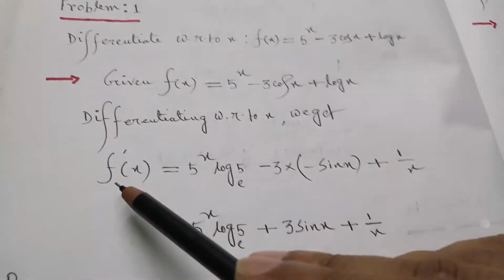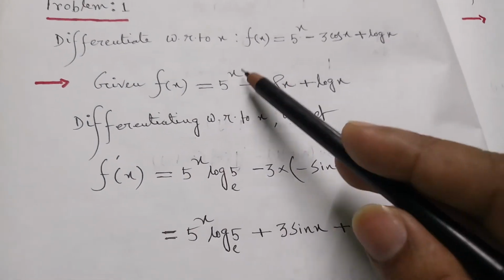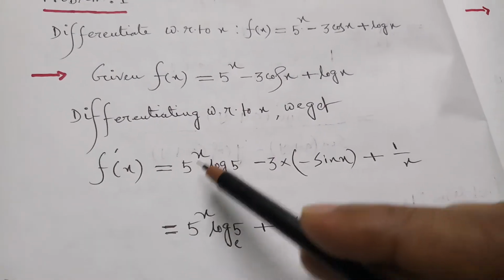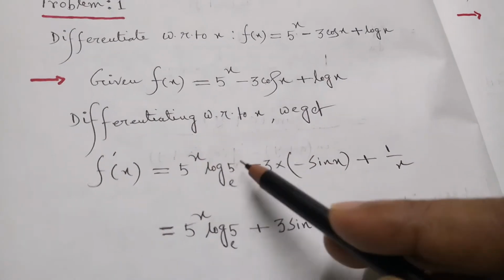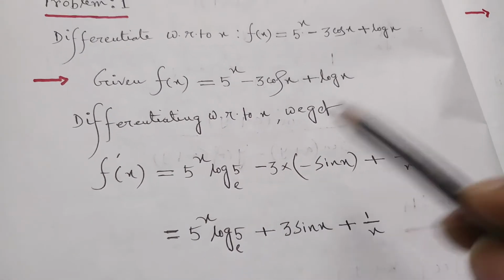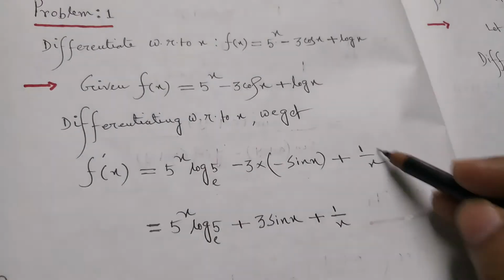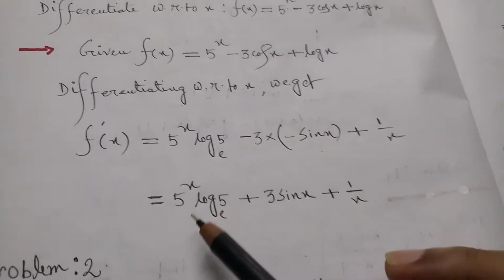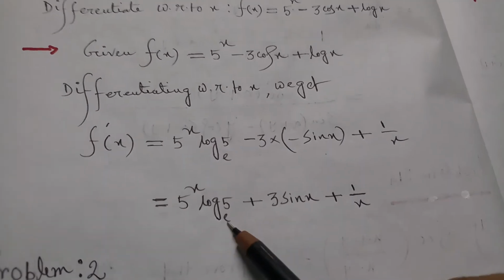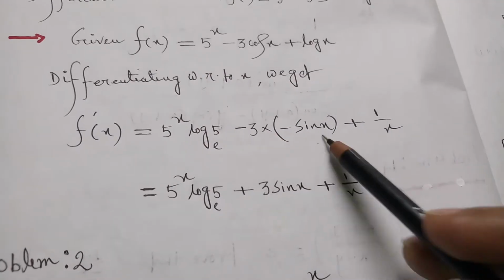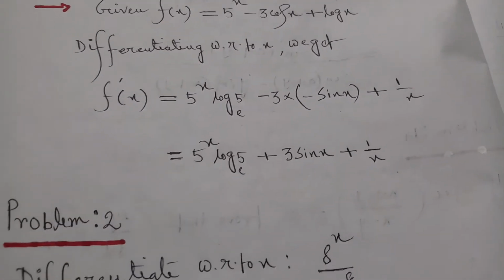Derivative of 5 to the power x is 5 to the power x into log 5, minus derivative of cos x is minus sin x, and derivative of log x is 1 by x. So the answer is 5 to the power x into log 5, minus minus plus 3 sin x plus 1 by x. Is it clear?